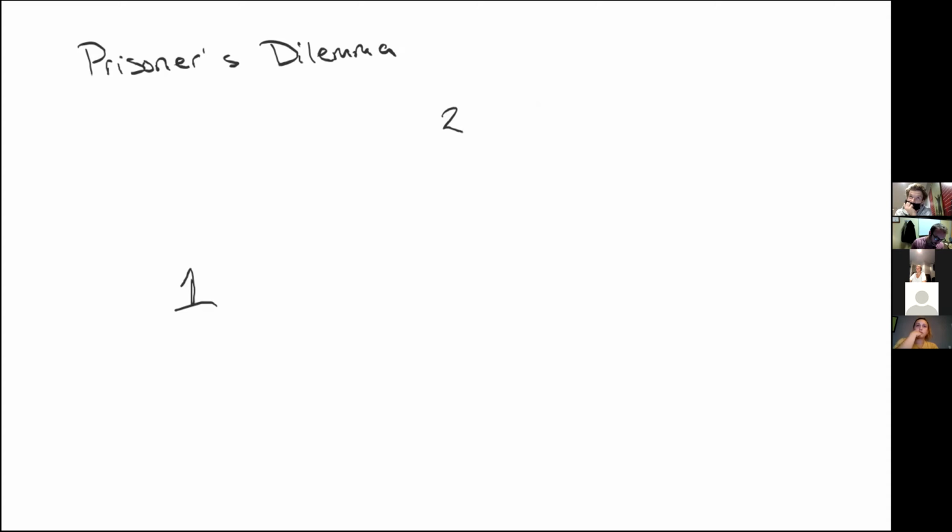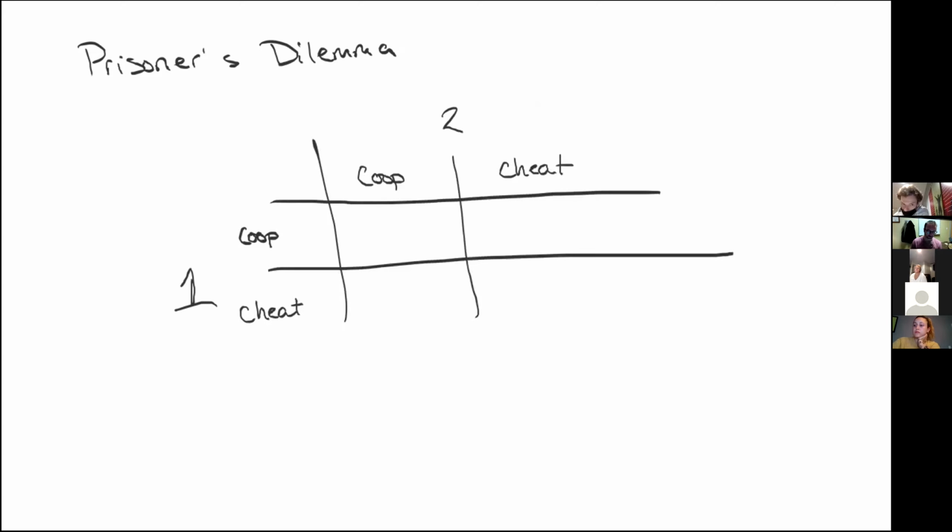But if you keep your mouth shut, then you both get some sentence. So you can cooperate with the other player, meaning you would not talk to the police. I'm just going to change this to co-op. Or you can cheat the other prisoner. If you cheat, you're ratting out the other person.